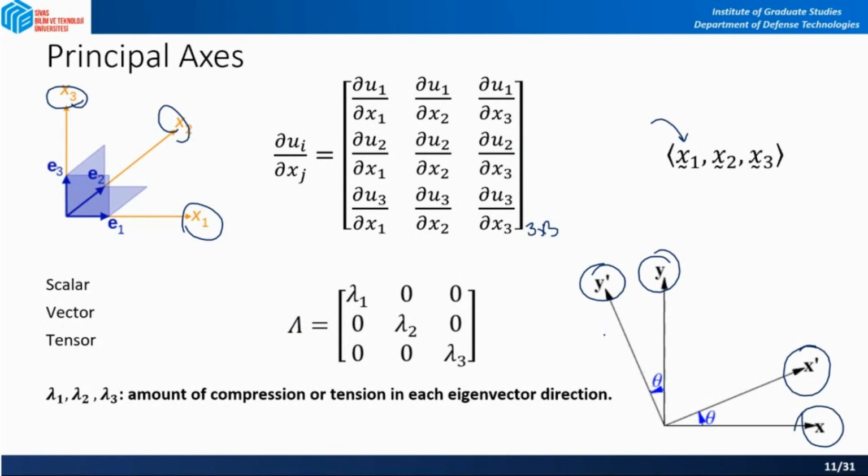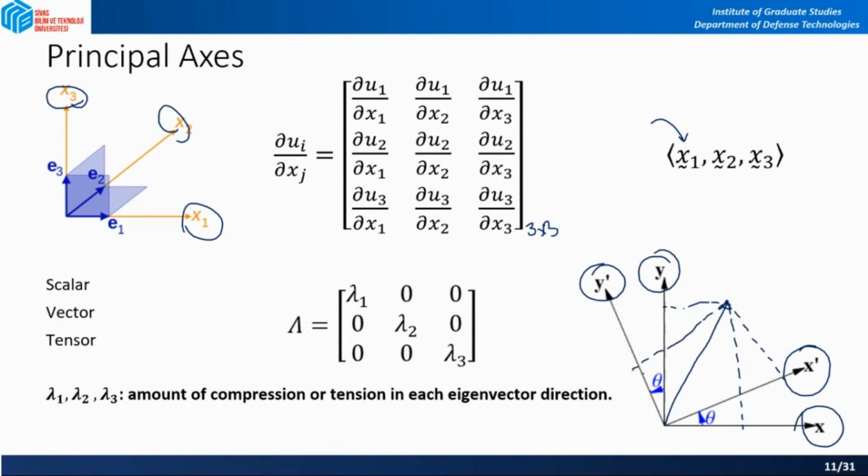In the old coordinate system it has these two components, and in the new one it has these two components.